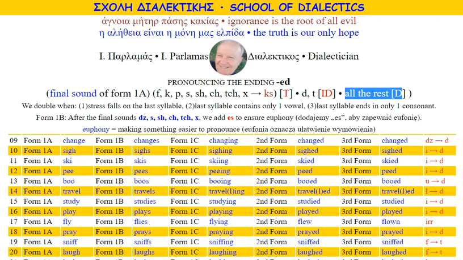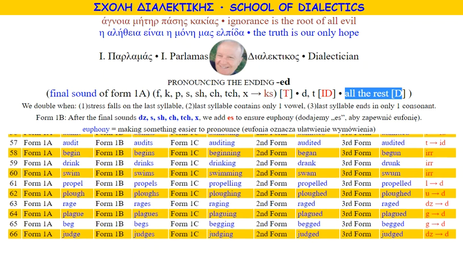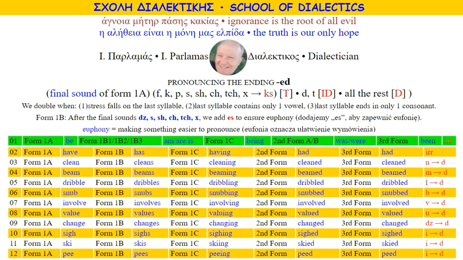Cancel, travel, okay, marvel. If we had marvel, the same would happen. Marvel, marvels, marveling, marveled, marveled, okay? Trouble, cancel, marvel, but propel. Now number 61, propel. Now we don't have a choice here. It must be double.